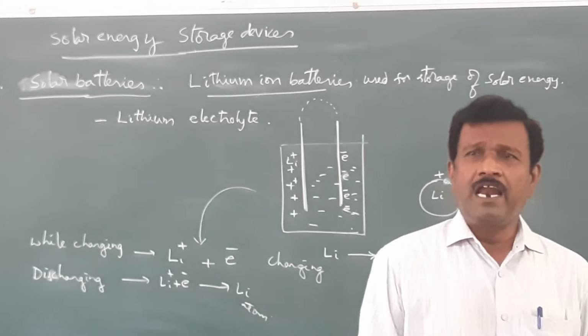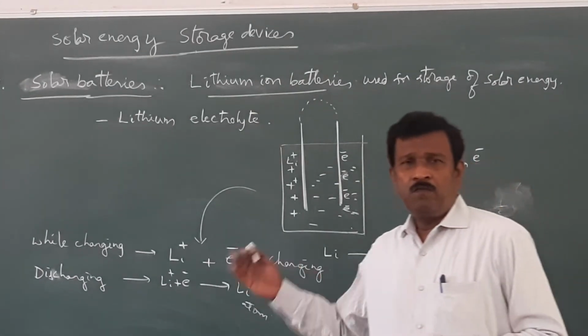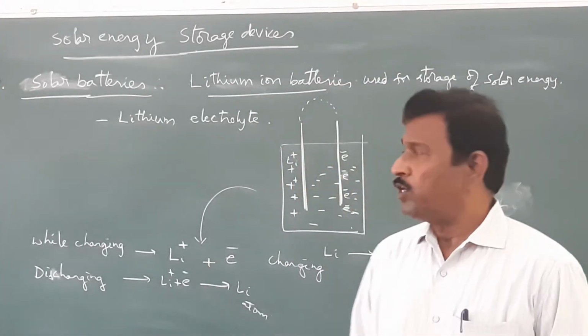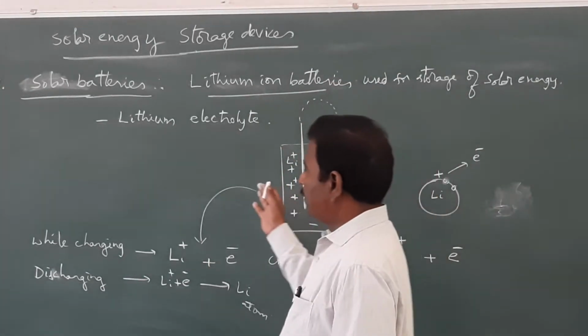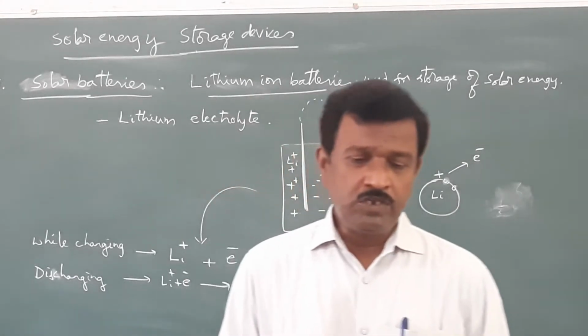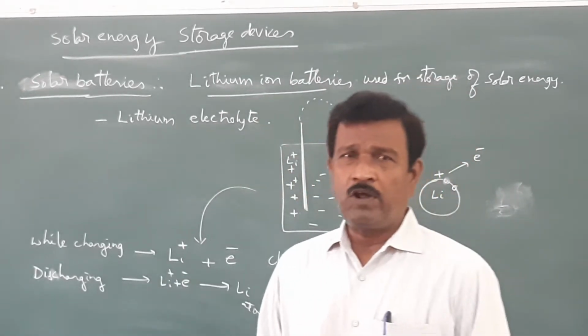That's why the life or efficiency of the battery will slowly come down. So in this manner, these lithium ion batteries are used for the storage of solar energy.